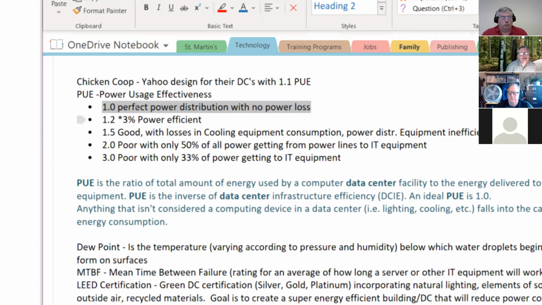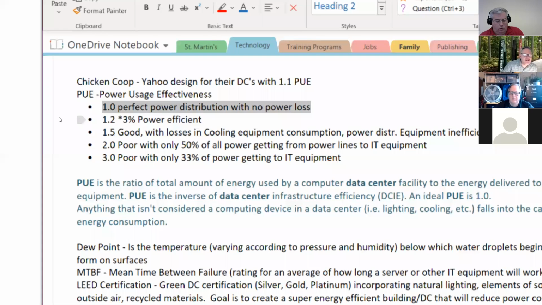High-end data centers, public cloud providers like Azure, Google, Facebook, Amazon Web Services, can get very close to 1. That just means that almost all power coming in, they have very highly efficient power distribution equipment, and so almost all power gets to their server and IT equipment.